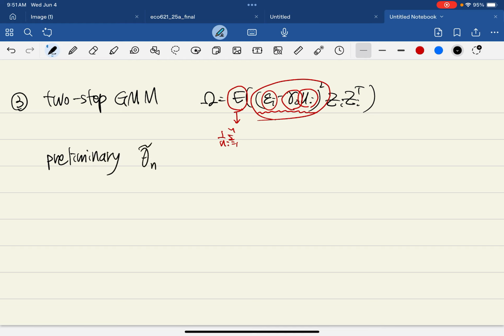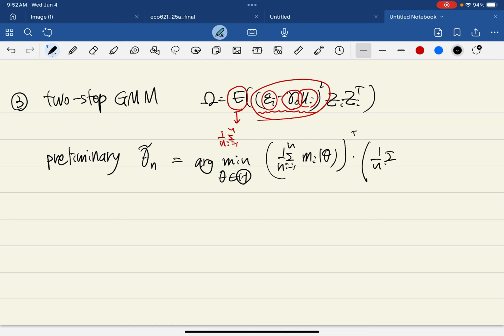Define theta tilde as the minimizer, arg min over theta of the same thing, transpose W. Here I can use any W, so let's use the identity.